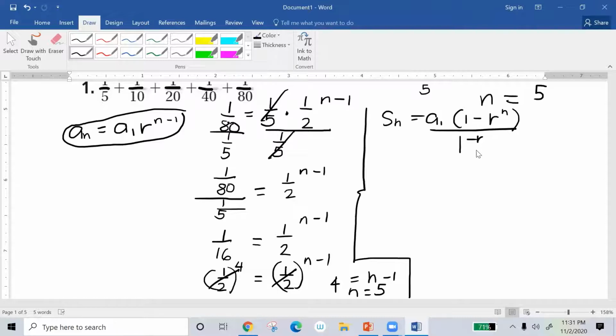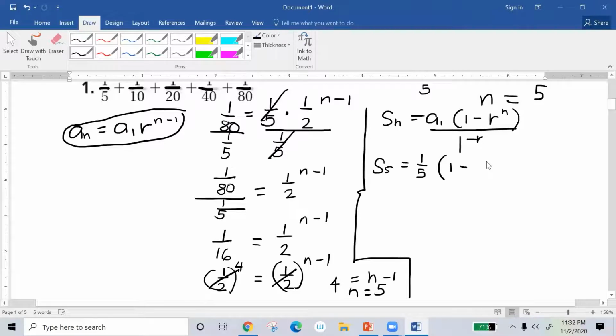So what is our S sub n, where n is the number of terms, which is 5. So the sum of the first 5 terms is equal to, what is our first term? Our first term, from the given, is 1 over 5 times 1 minus the common ratio, 1/2, raised to 5, all over 1 minus r, or 1 minus 1 over 2.